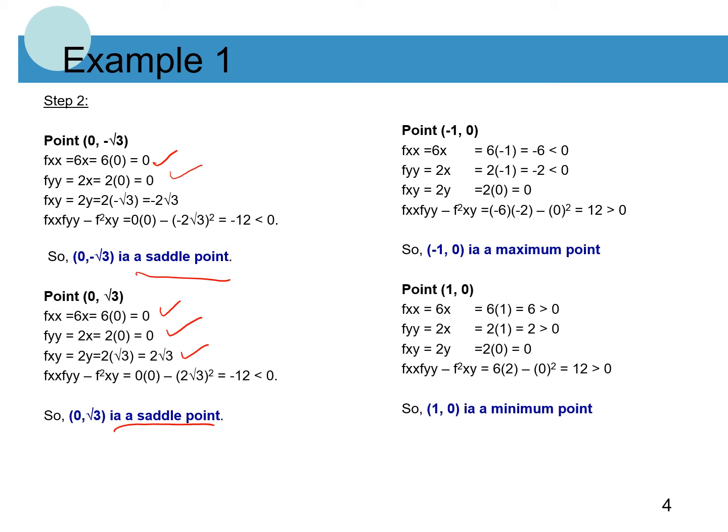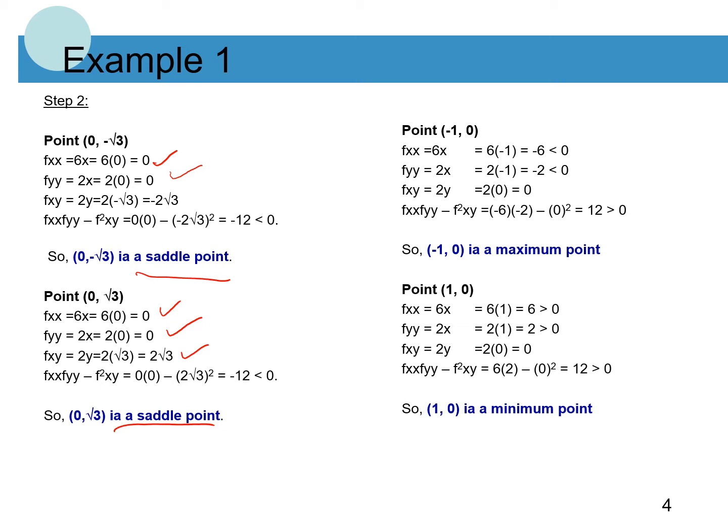Then based on case 2, at the point (-1, 0), we substitute x equal to -1 and y equal to 0 into fxx, that is 6 times -1 equal to -6, less than 0. fyy, that is 2x, then we multiply 2 by -1 equal to -2, less than 0. Then fxy equal to 2y, therefore we have 2 times 0 equal to 0.